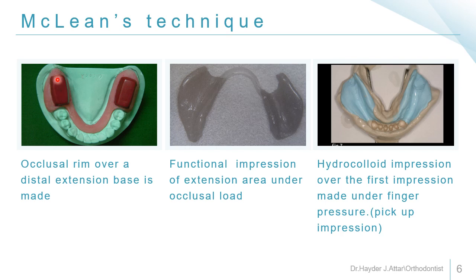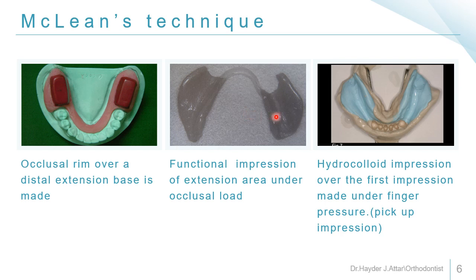The base plate of the bite rim is filled with the impression material and put inside the patient's mouth, then instruct the patient to bite on the bite rim to make a functional or physiological impression for the free saddle area, or the free extension of Kennedy class 2 or class 1 cases, as in this picture.